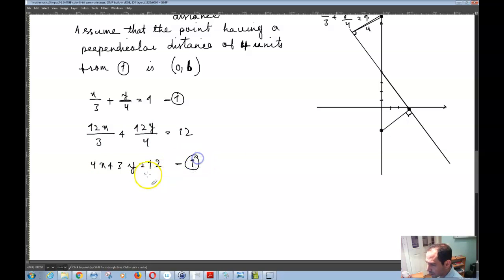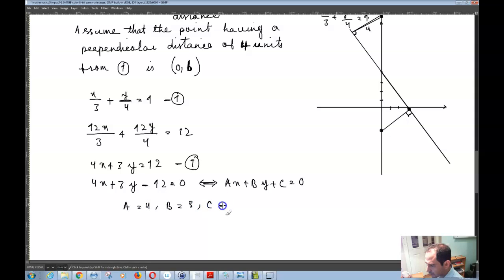So this is again the same thing as line 1 over here, and of course you can write this as 4x plus 3y minus 12 is equal to 0. And so if you compare this to the general equation of a line, ax plus by plus c is equal to 0, you will get that a is equal to 4, b is equal to 3, and c is equal to negative 12.